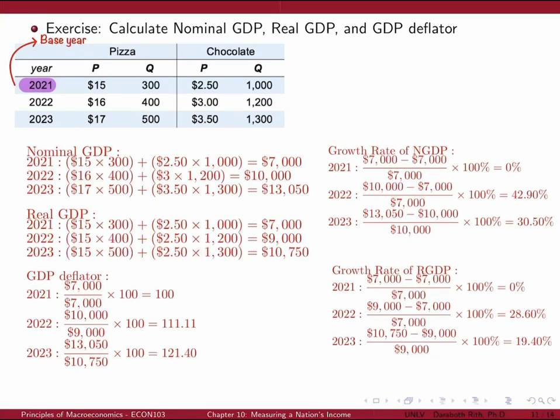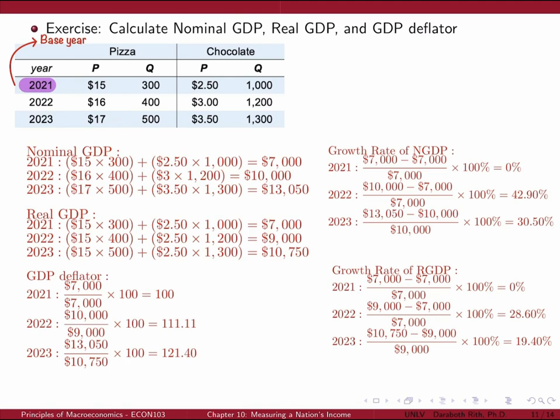For year 2022, quantity of pizzas 400, quantity of chocolates 1,200. Real GDP, so you take $15 times 400 plus $2.50 times 1,200. That equals $9,000. For year 2023, quantity of pizzas 500, quantity of chocolates 1,300.